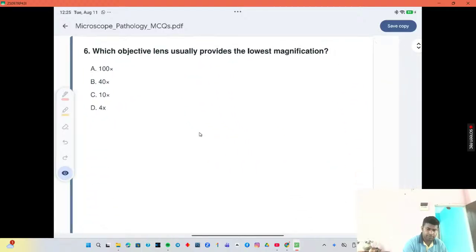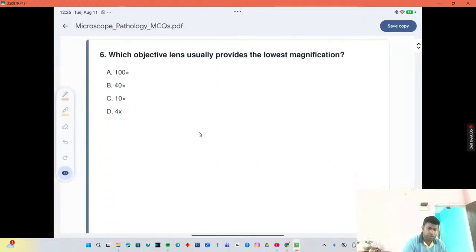Now the next question is, which objective lens usually provides the lowest magnification? The correct answer of this question will be 4x, and this lens is also known as scanner. You should remember it.